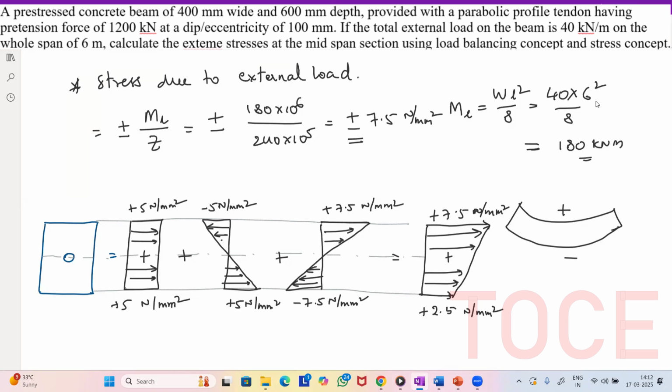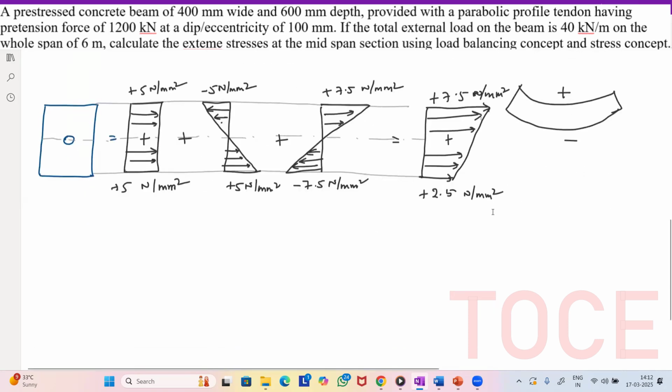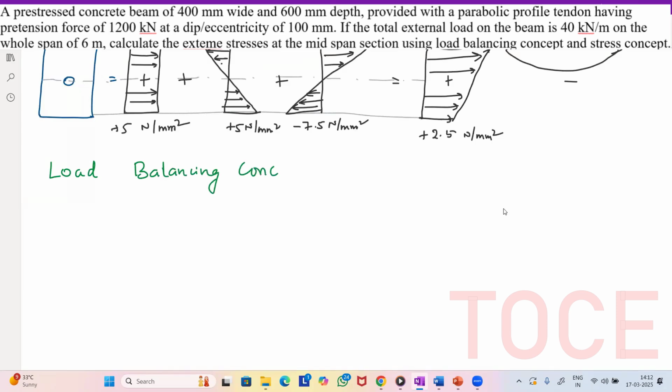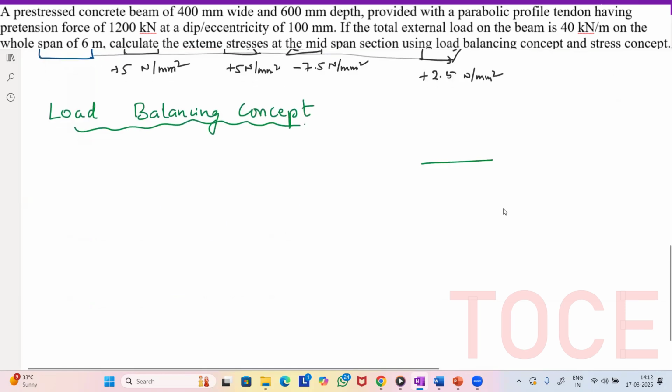Now let us calculate the stresses using the load balancing concept. Okay. So here we'll be focusing on balancing the load. Okay. So here on top of the beam, try to understand this concept.